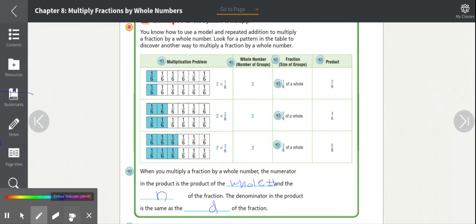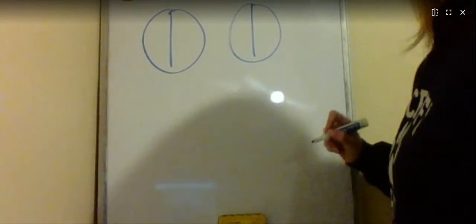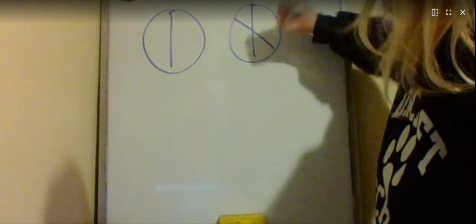Let's try some together. So if I had a picture, and I'm going to cut it into 6. So I have 2 wholes, two circles, and I'm going to cut them both into 6ths.